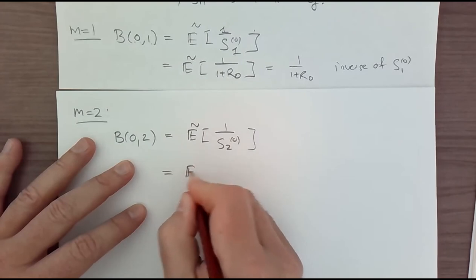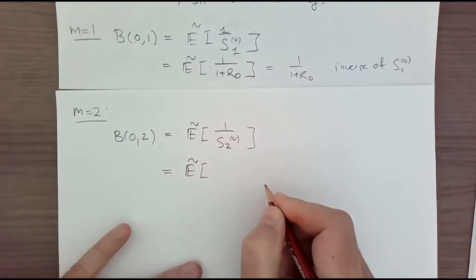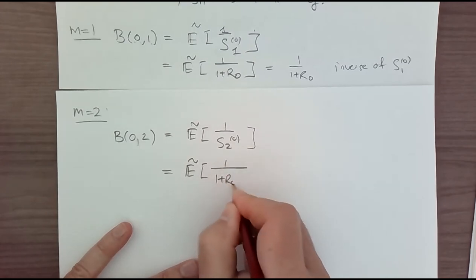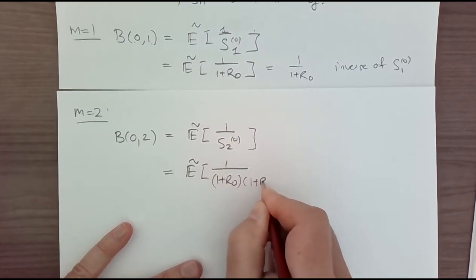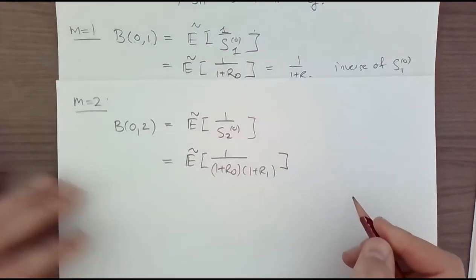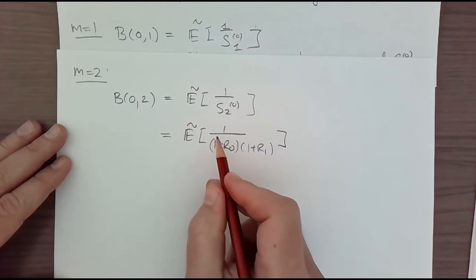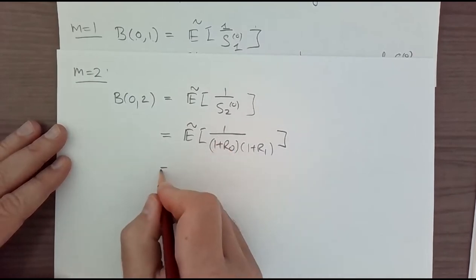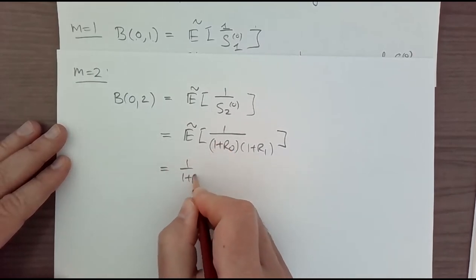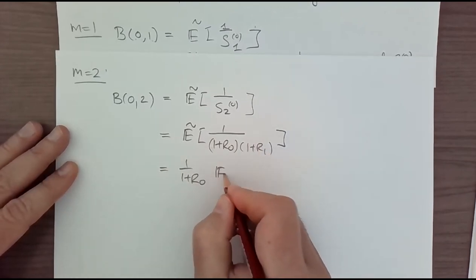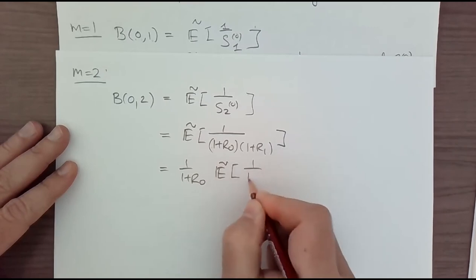We plug in the formula, so this is equal to 1 divided by 1 plus R0 times 1 plus R1. It's true here that 1 plus R0 was a constant, so we can pull it outside, but R1 is also stochastic, and it has to stay inside.